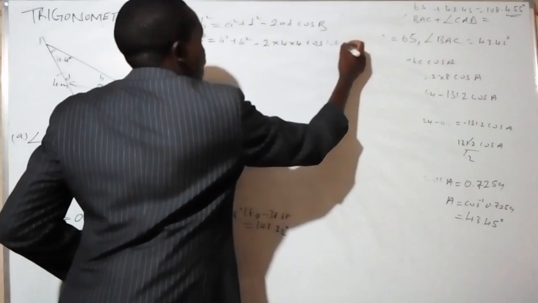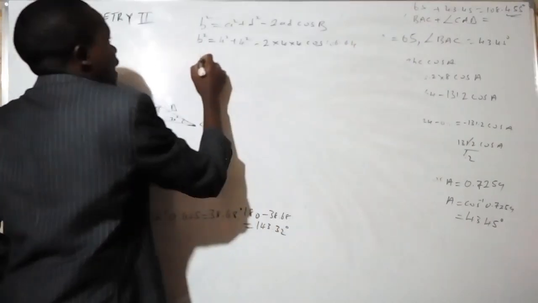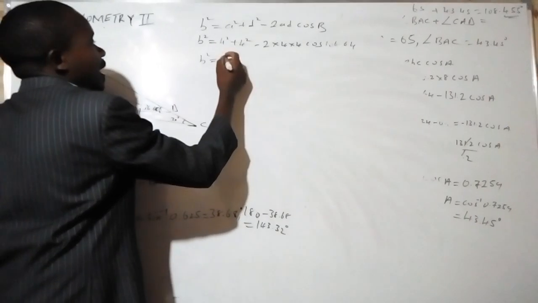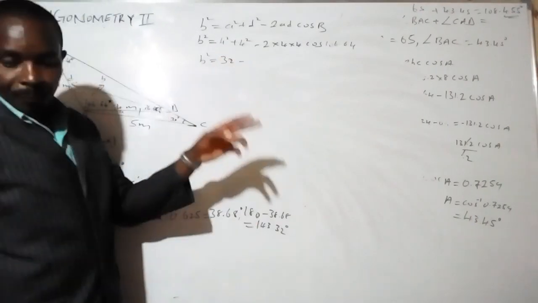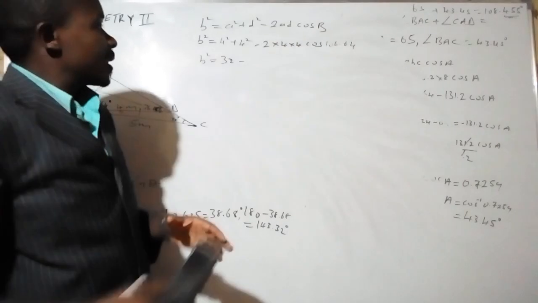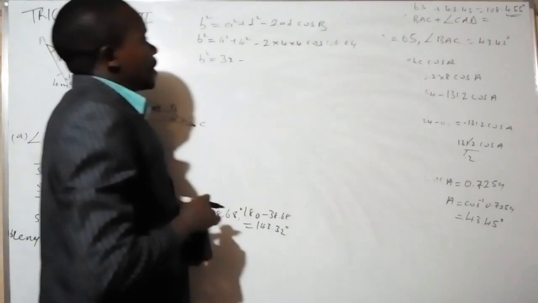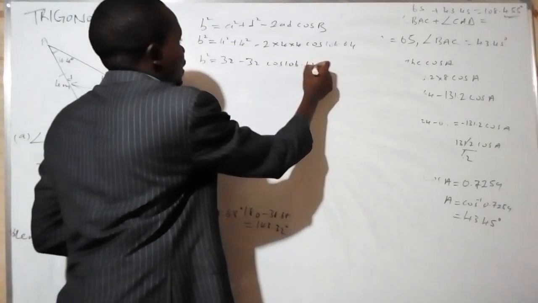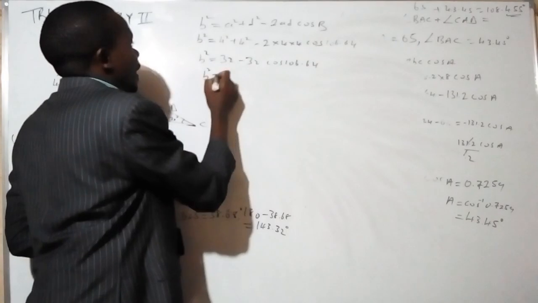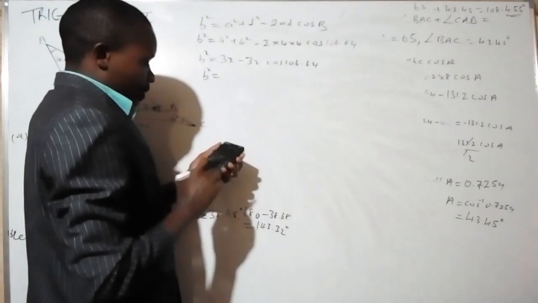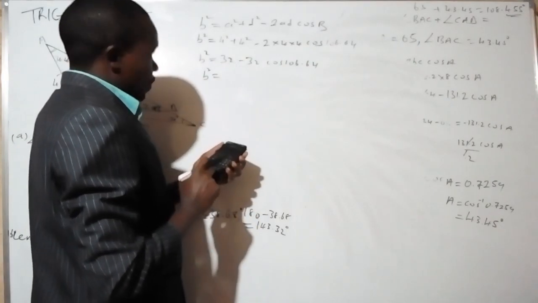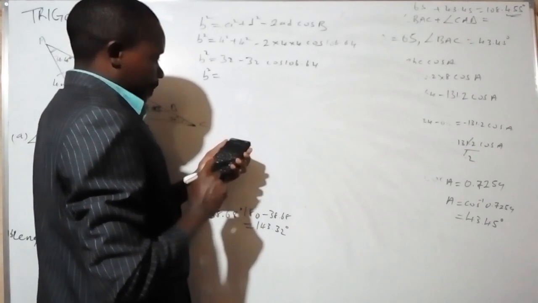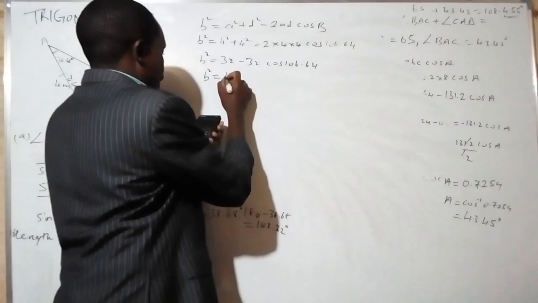Cos of 106.64, and B squared is equal to 4 squared is 16. 16 plus 16 is 32. Minus 4 times 4 is 16, times 2, 32, cos 106.64. B squared is equal to 32 minus 32 times cos 106.64, and we get 41.163.